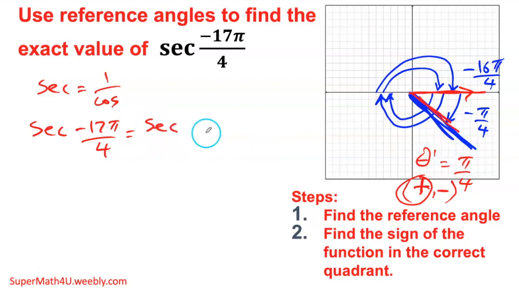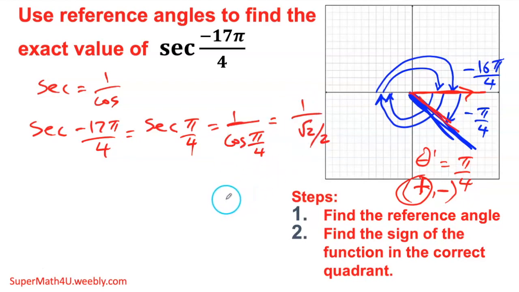What's my reference angle? Pi over 4. Okay? Secant is the same as 1 over cosine of pi over 4. 1 over cosine of pi over 4, square root 2 over 2. We know that by now. Unit circle or 45, 45, 90 degree triangle.